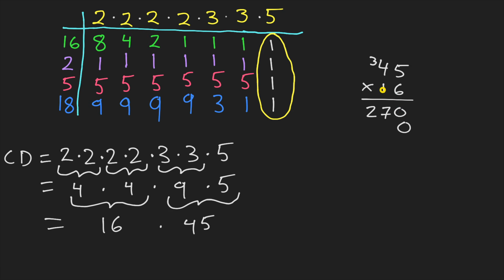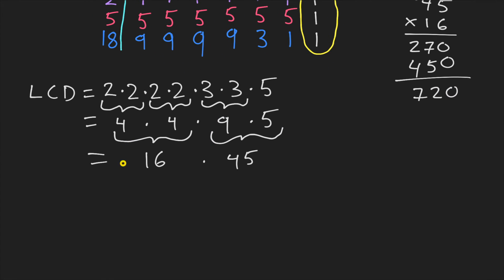Add a 0. 1 times 5 is just 5. 1 times 4 is equal to 4. 270 plus 450 is equal to 720. So your least or lowest common denominator is equal to 720. Your least or lowest common denominator for this problem is equal to 720.